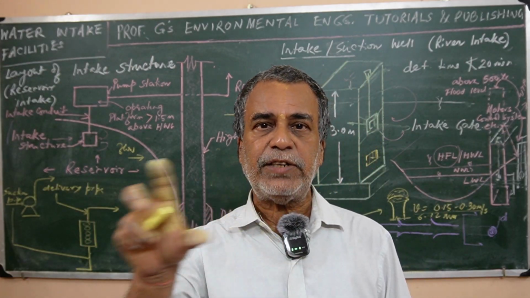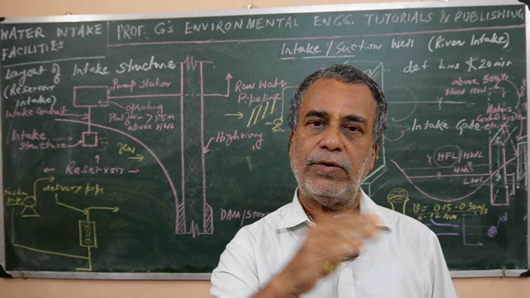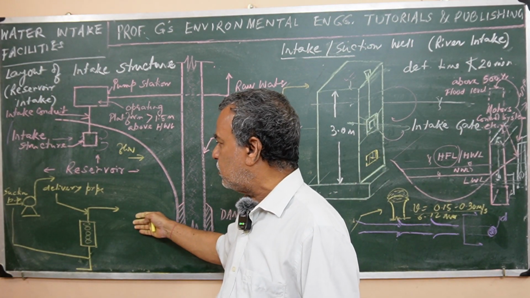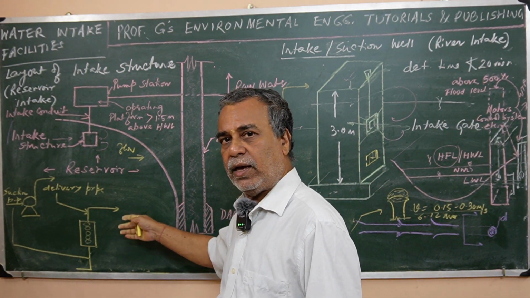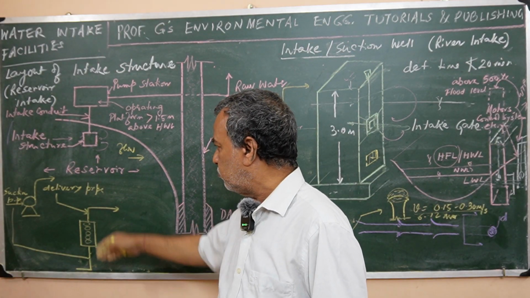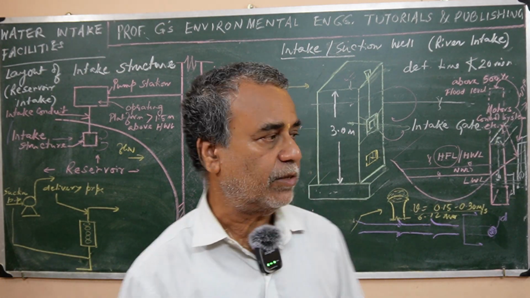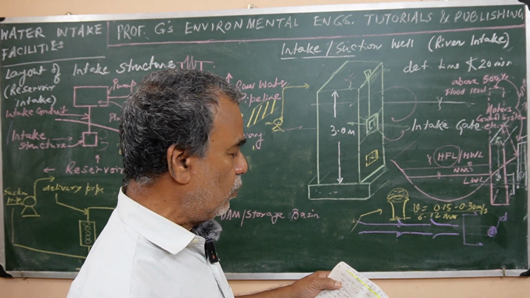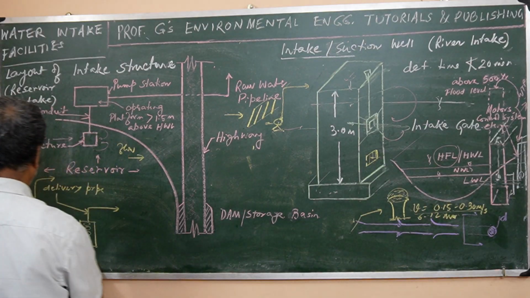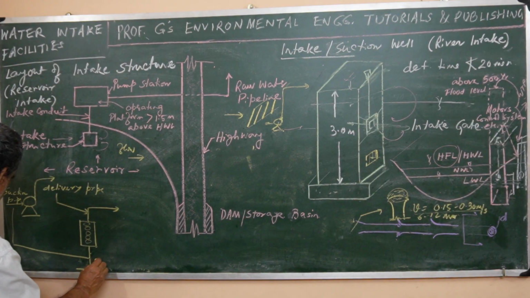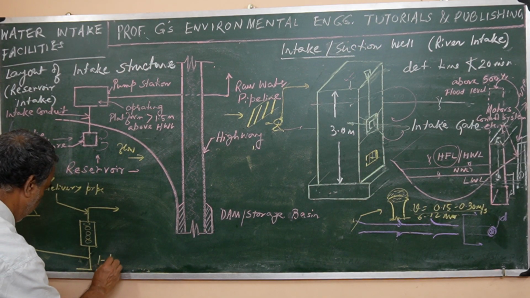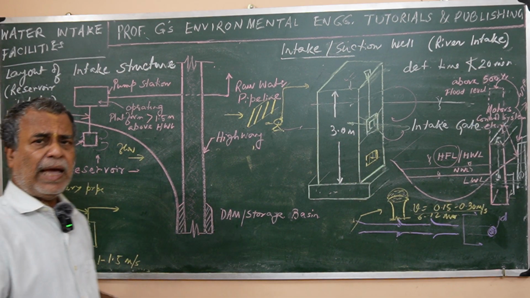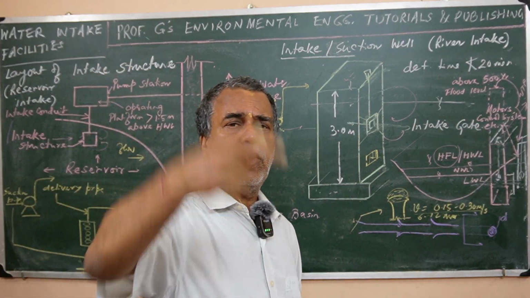I will discuss that topic separately later, but it is needed right at this moment just to understand this. Now the velocity in the suction pipe should be 1 to 1.5 meter per second. And since it is pumping, it flows full.